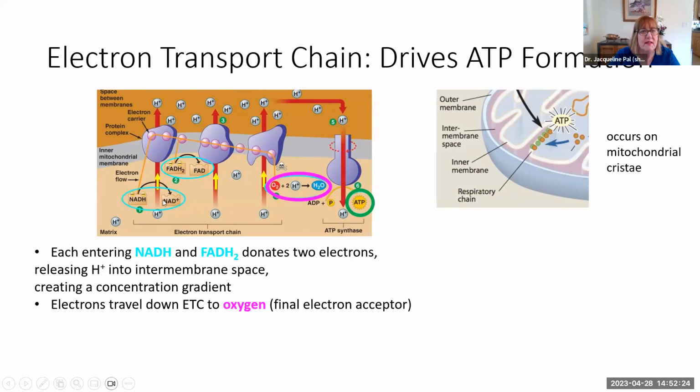And what's going to happen is the electrons that were released, they are these purple things, and they're going along these protein carriers, and they're going to be traveling down, down, down until they meet up with an oxygen molecule. And that's going to be the final electron acceptor.